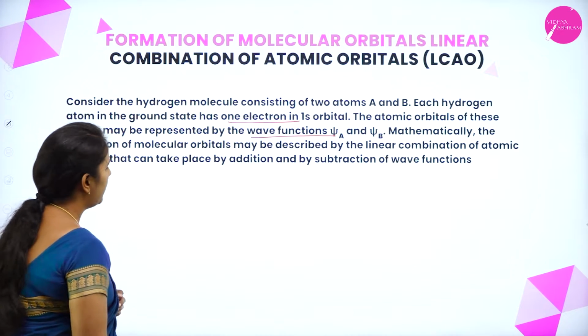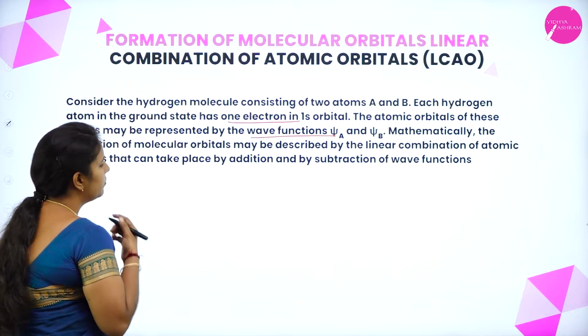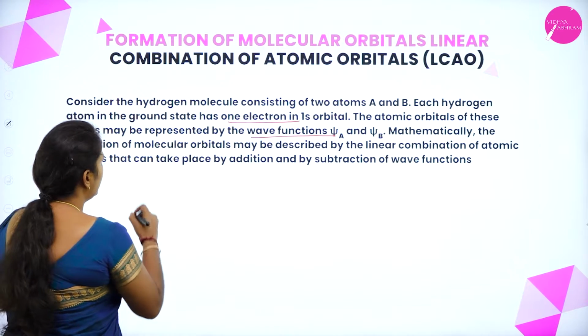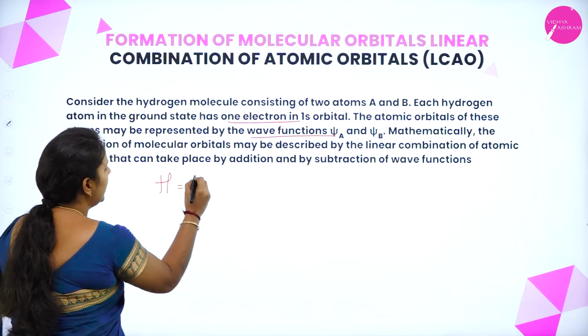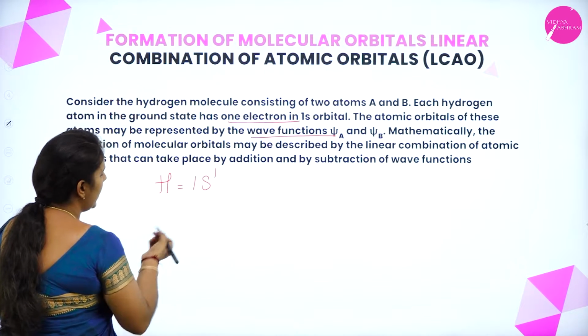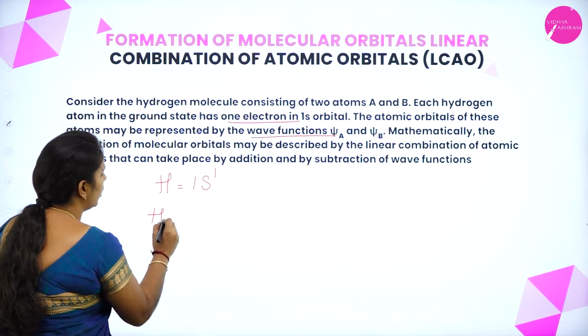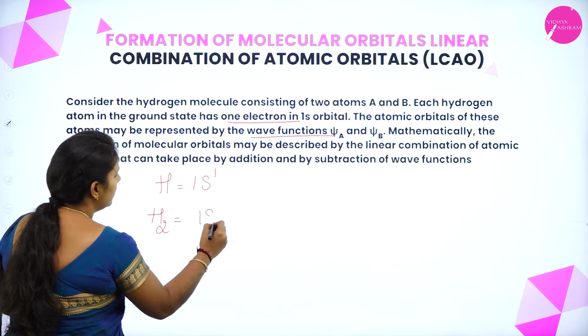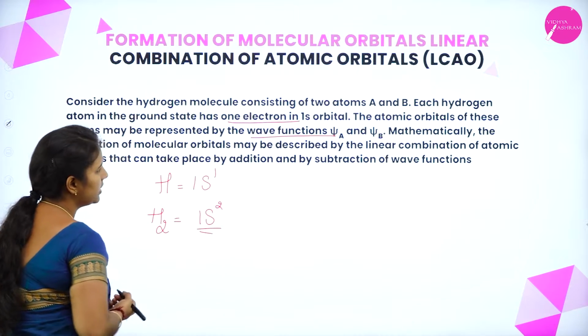Okay. So remember, hydrogen has only 1 electron. Is it right? So if I say it is a hydrogen molecule, it consists of 2 electrons.